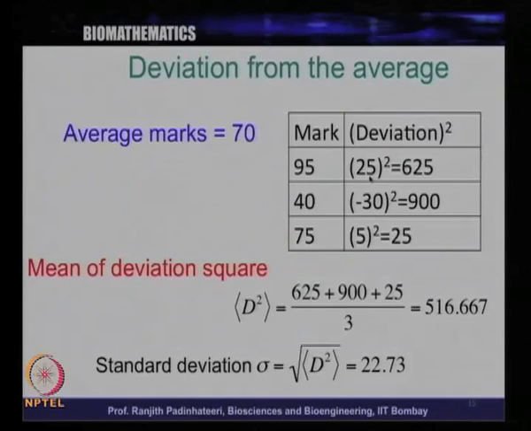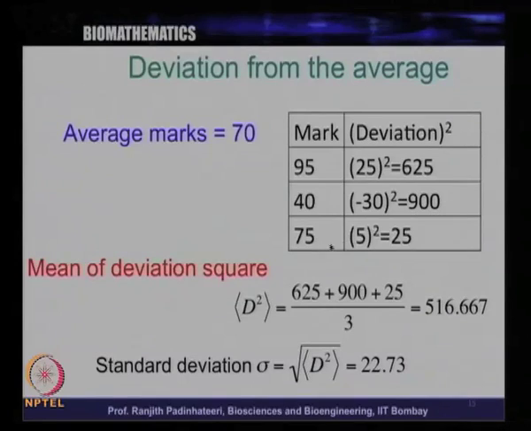So now let us look at the deviation square. The first one is 95. So 95 minus 70 is 25, squared, so it's 625. Here, 70 minus 40 is 30, 40 minus 70 is minus 30, and minus 30 square is 900. So this is again positive.